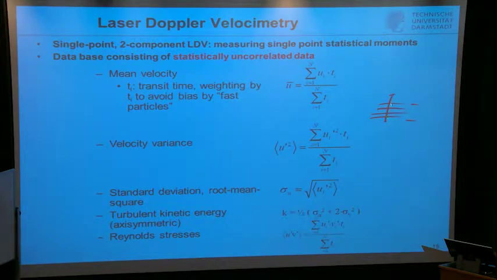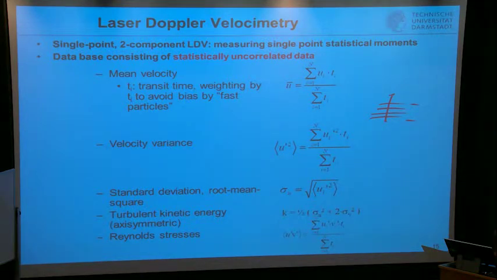And if you have a slow particle, this takes longer, and the weighting factor is higher compared to a fast particle, which is, of course, assuming same seeding density, appearing much more often. And thereby, by this trick of weighting, the fact that you have slow and fast particles is weighted out. And that's why now you do the normalization here not by the number of samples as you learned in statistics, but by the integration of the transit time.